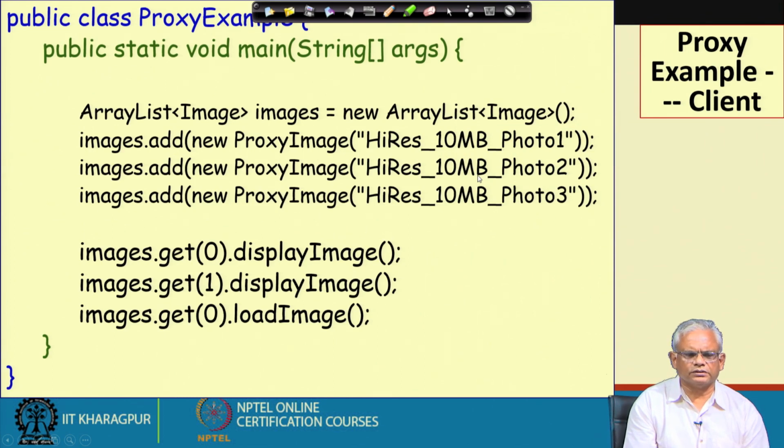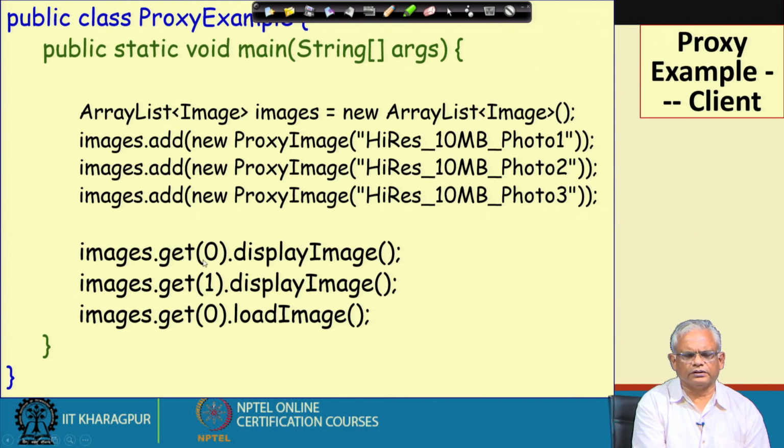Now, this is the client. It has many images, just written here as array list images, and then many images are added here, 3 images, photo 1, photo 2, photo 3.